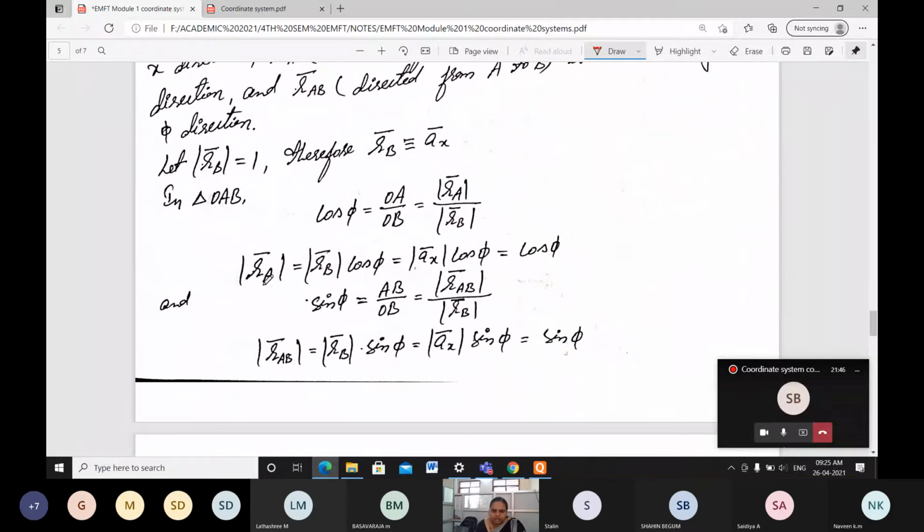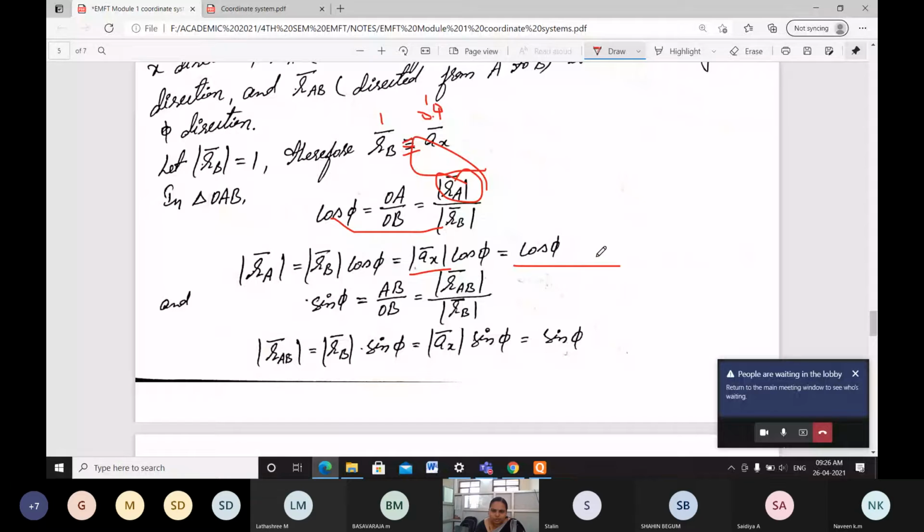Then RA is equal to mod of RB cos phi. RB is going to be AX into 1, and AX is going to be absolutely 1 only. Then instead of RB I can write mod of AX cos phi, and mod of AX is always 1, so therefore you will be getting cos phi only.